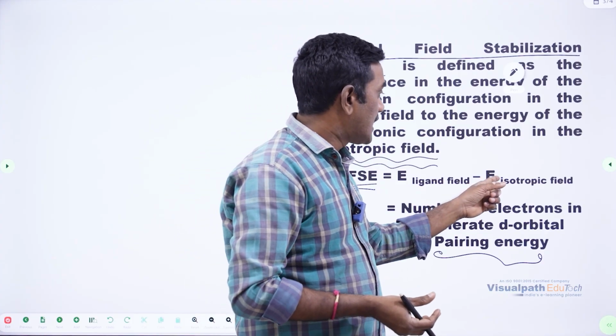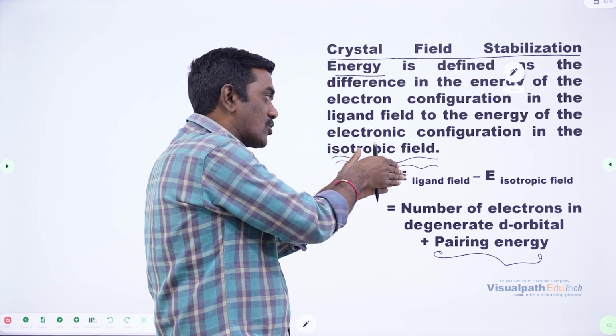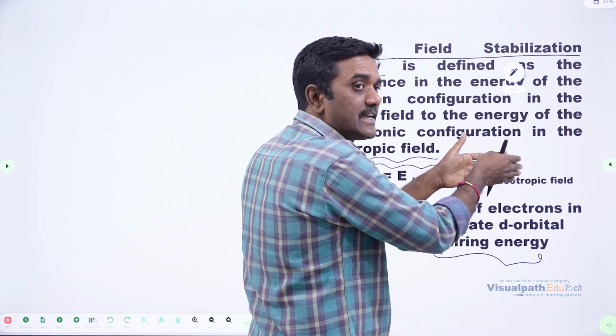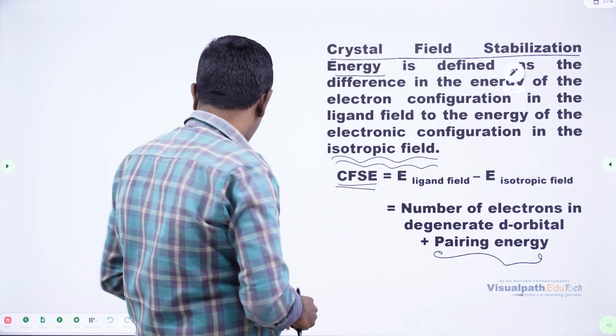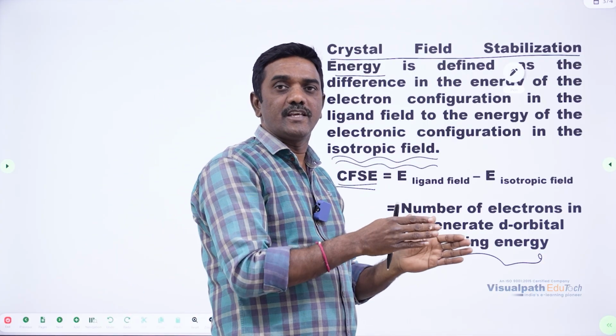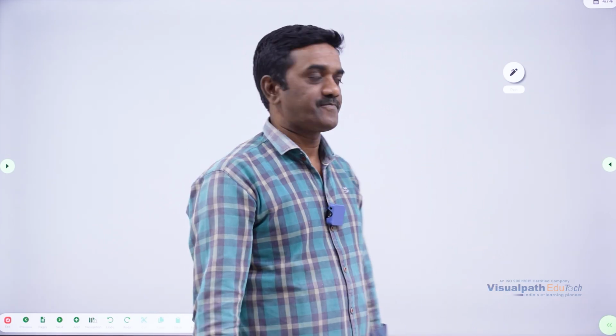To calculate the CFSE, we must know the electrons in the ligand field and the electrons in the degenerate field. If you know both, we can calculate the CFSE. Now I am going to discuss CFSE with different examples.